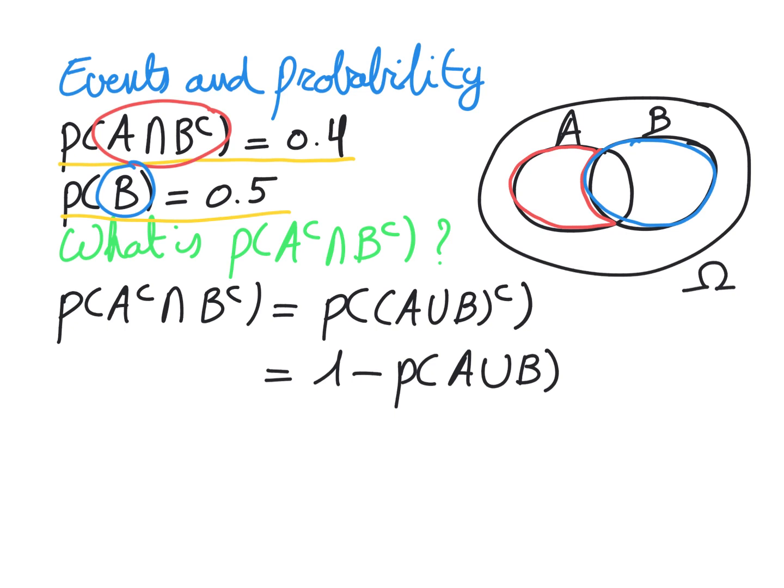Now, I think you can already see that this means that the probability of A union B is 0.9, the sum of 0.4 and 0.5.